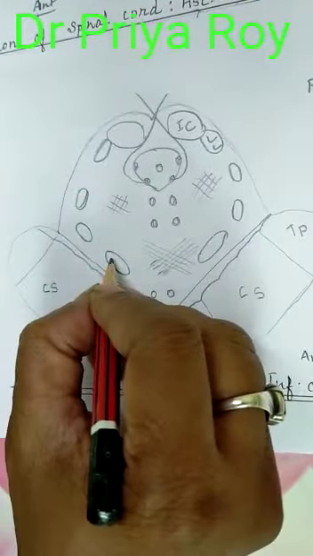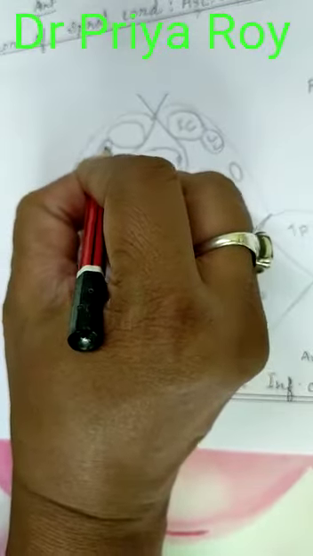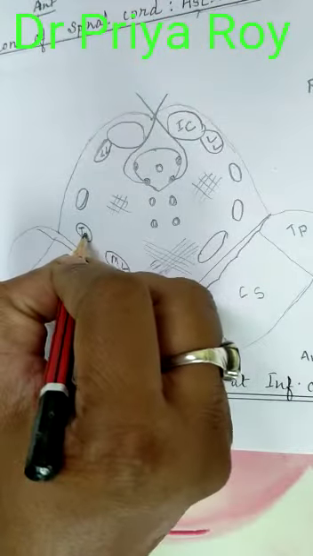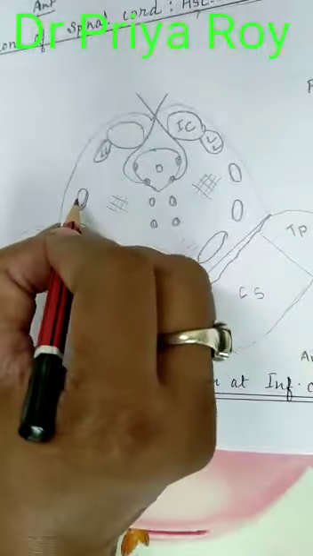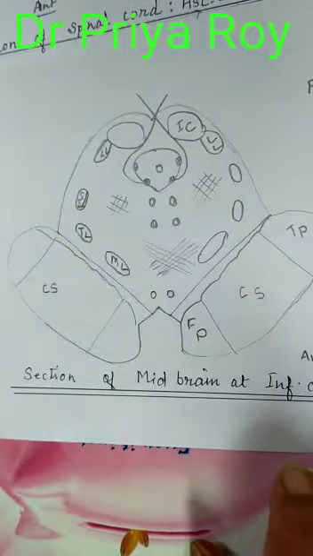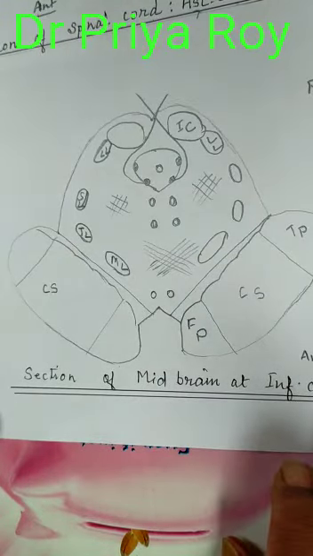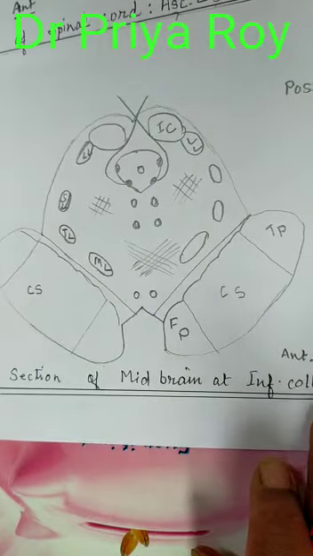So this one is the medial lemniscus, this one is the lateral lemniscus, trigeminal lemniscus, and here the spinal lemniscus. So if you learn to draw this, you can easily draw the superior colliculus level, but some structures will be different that I will teach you further.